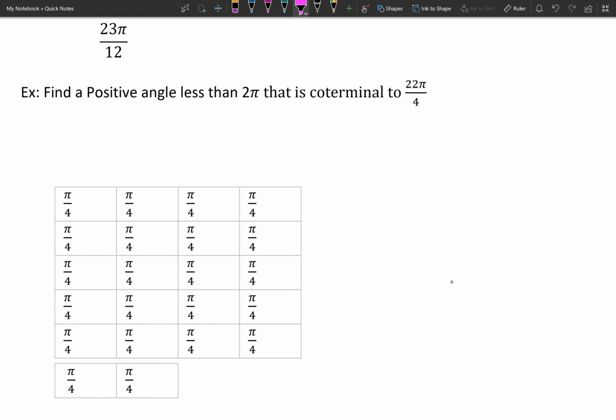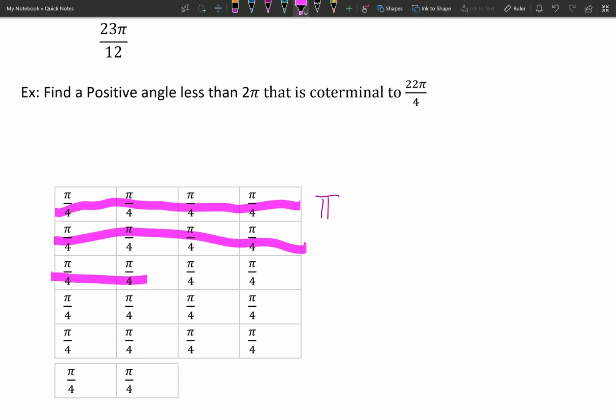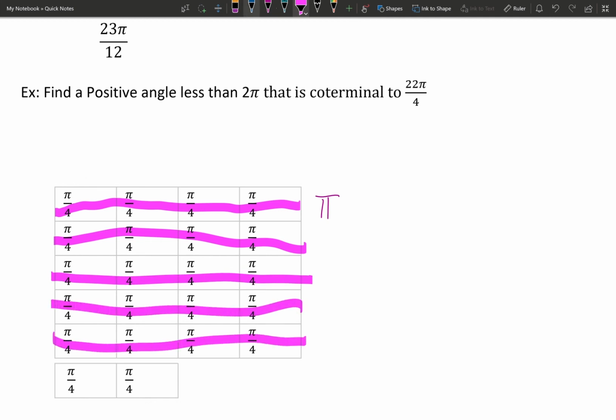Remember, if I add 4 pi over 4s together, what does that add up to? It adds up to pi. So guess what? Each one of these rows adds up to pi. So how many pi's do I have at the end? Well, I have 1, 2, 3, 4, 5.